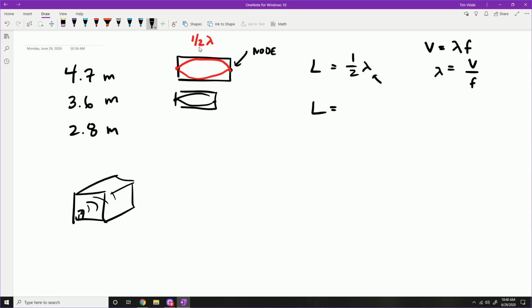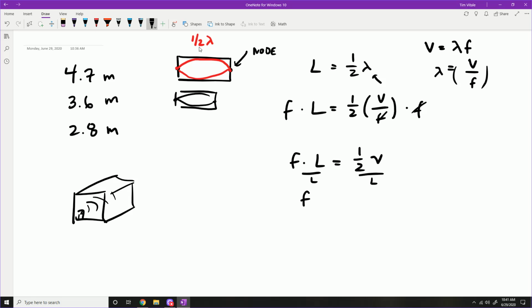Substituting that in, I multiply both sides by frequency to cancel it out, so I get frequency times the length equals 1/2 times the speed. Then I divide both sides by L, and I get 1/2 times V over L.